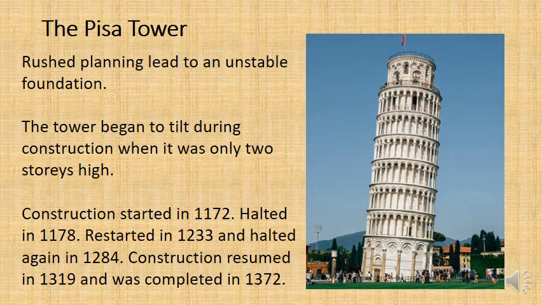Now, the good thing for the Leaning Tower of Pisa is it's now a tourist attraction. People probably wouldn't flock there from all over the world if it wasn't leaning. So, in the end, there was an external benefit to building a building that was leaning, but there wasn't at the time.